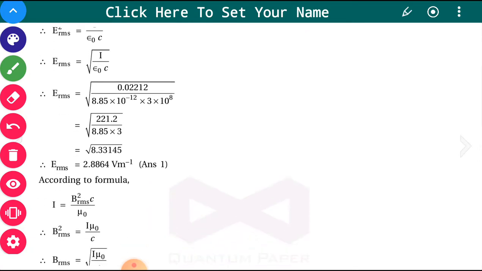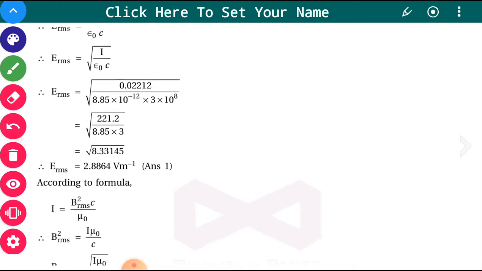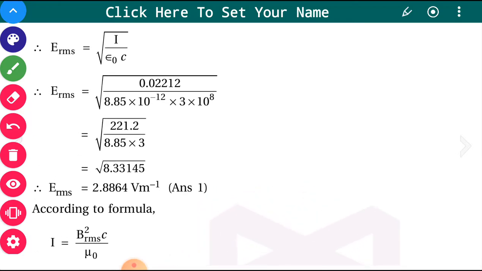Intensity is there, epsilon 0 is a fixed value, 8.85 into 10 to the power minus 12, and C is the speed of light. E RMS we get as 2.8864 volt per meter.